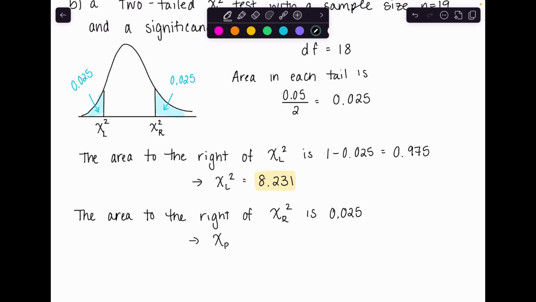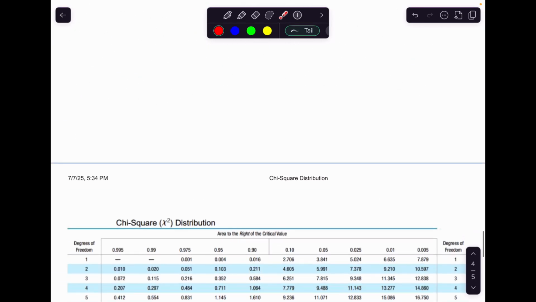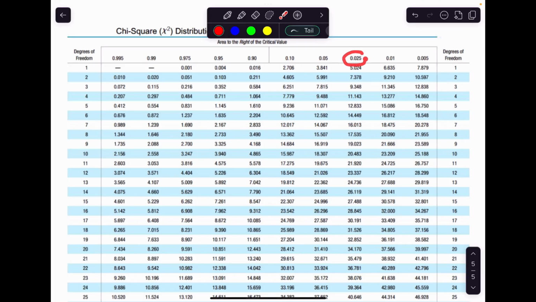So this one's a little bit nicer. I just need to go into that table again. My area to the right is 2.5%. My degrees of freedom is still going to be 18, which is right here. So this critical value is 31.526.